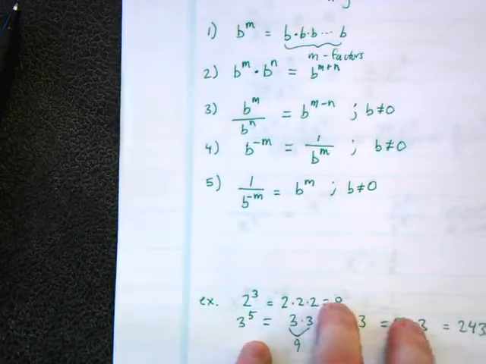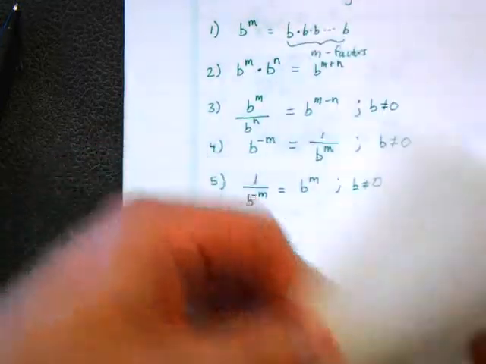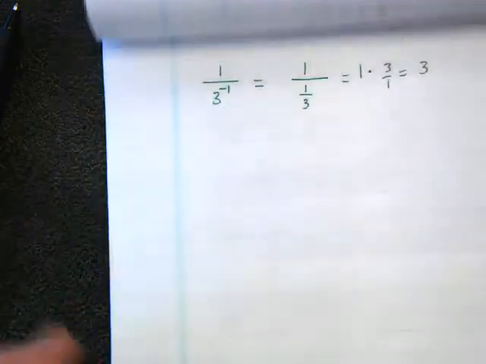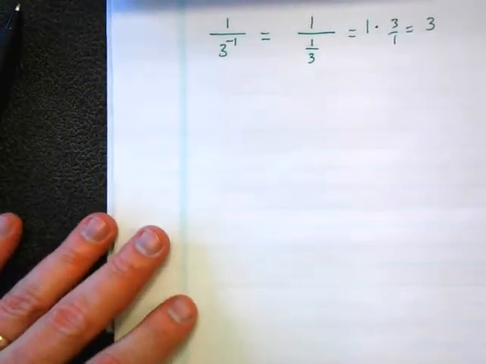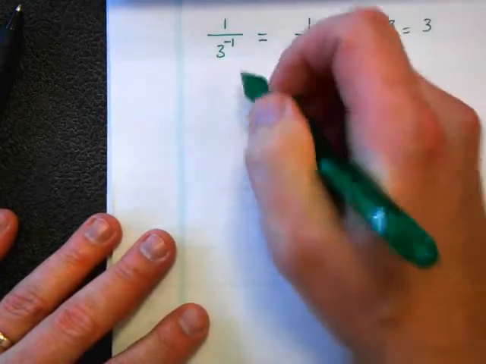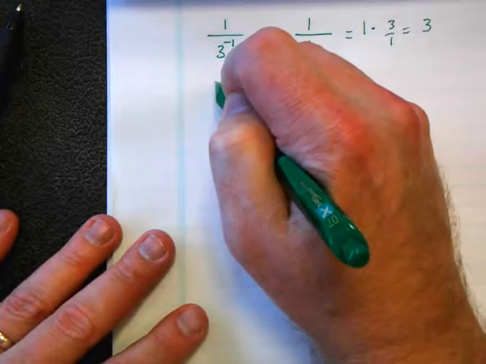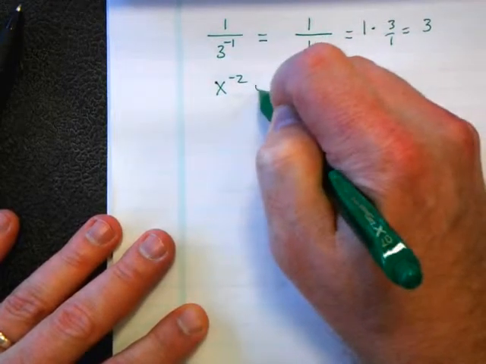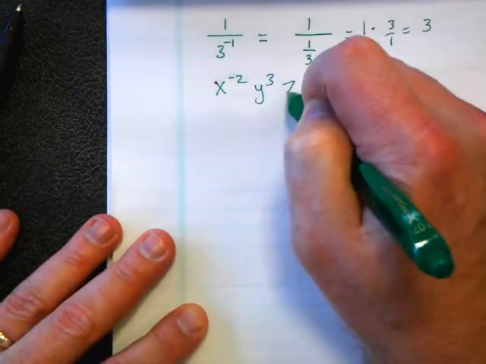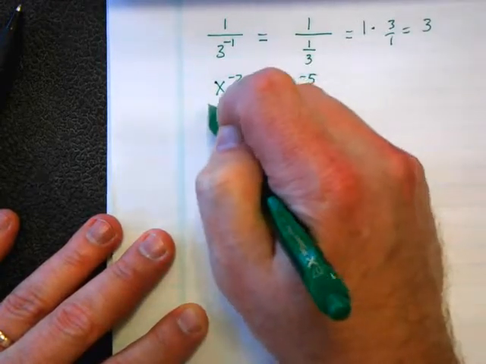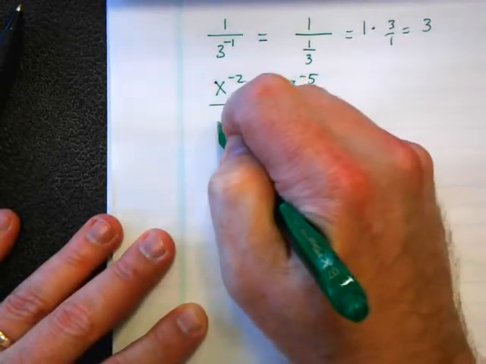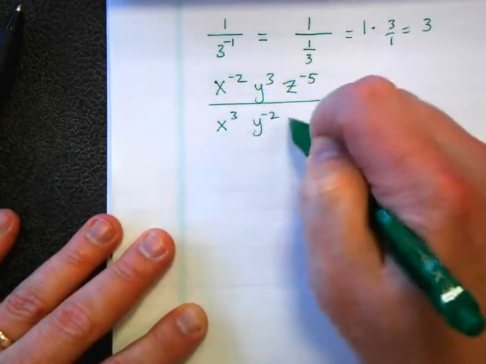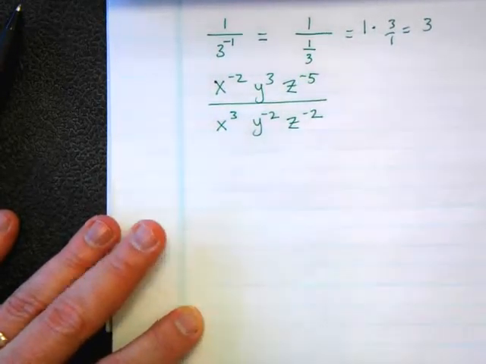All right, so you're going to see problems like this. You might have something like x to the negative 2, y cubed, z to the negative 5, divided by x cubed, y to the negative 2, z to the negative 2.